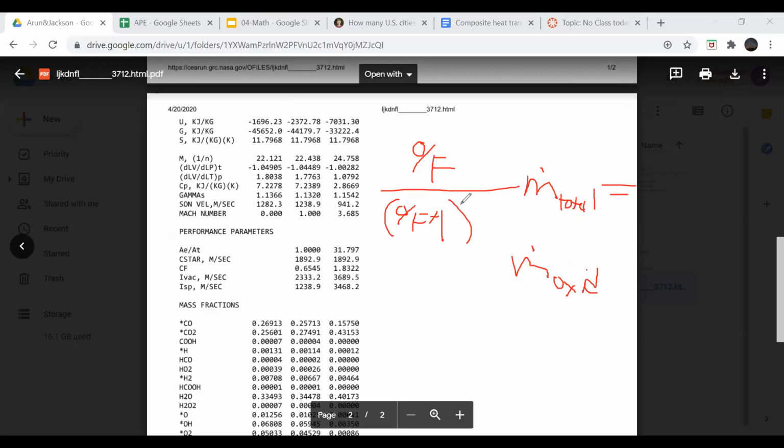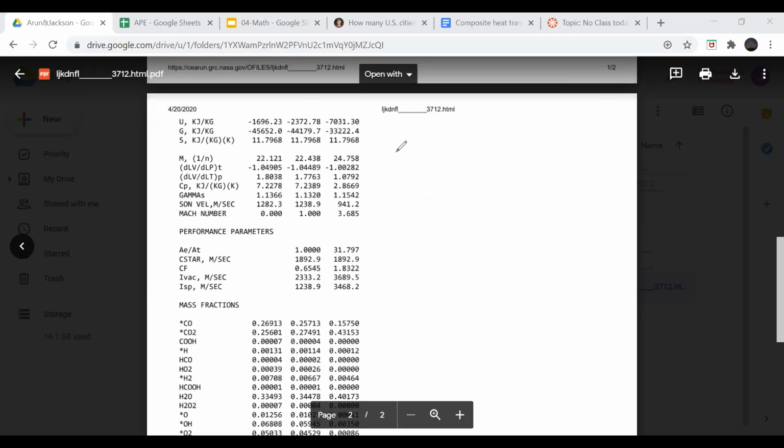So does everyone understand why it's this formula? Is everyone good with this? Okay, cool. And then once you have your mass flow of oxidizer, getting the fuel is really easy. m dot total is m dot total, so you just subtract m dot oxidizer, and now you have your mass flow of fuel.